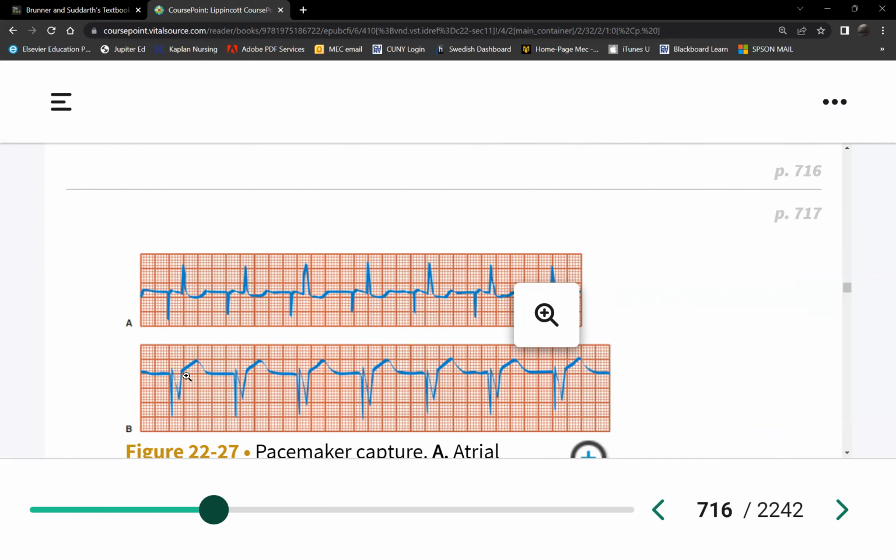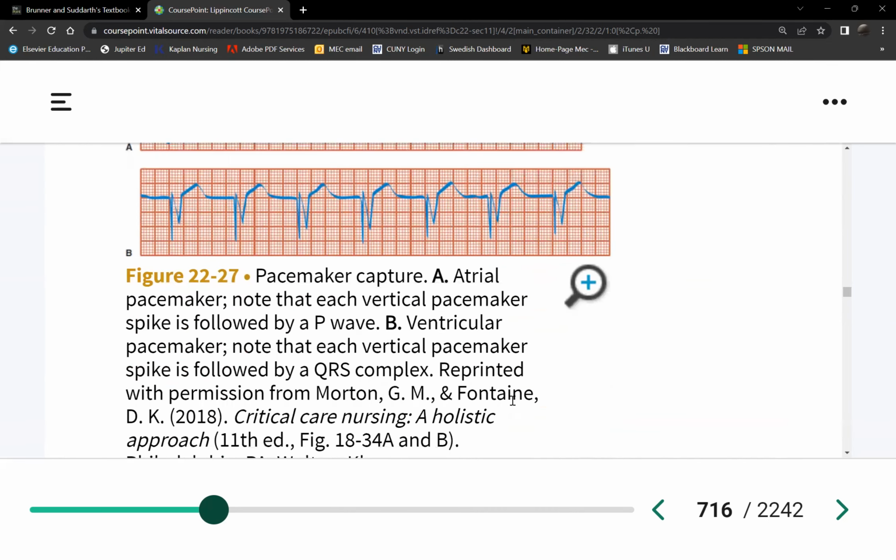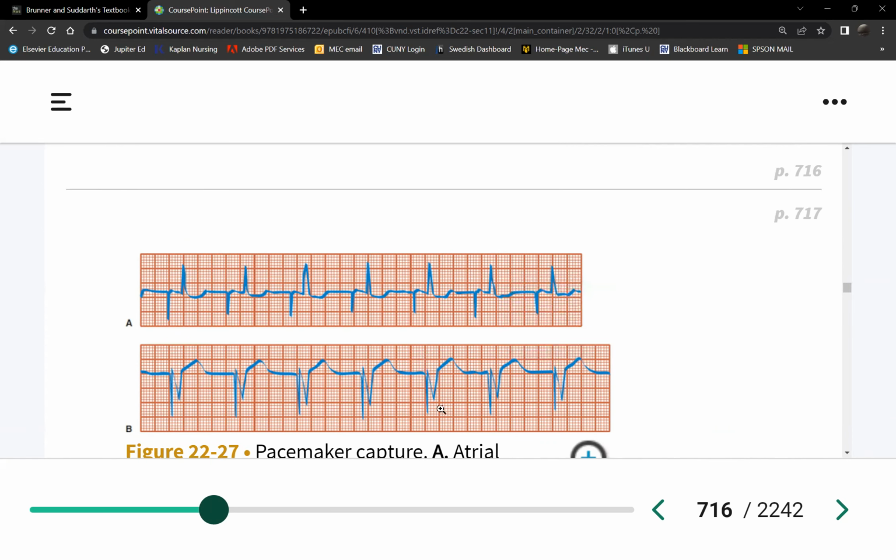You'll see a P wave, but then instead of a QRS, you'll see a pacemaker spike. Make sense? Okay. So it will tell you on the monitor when you see these spikes. So it's either the SA node being replaced or the QRS. Okay, so on the record, you will say, okay, so the patient is atrial paced or ventricular paced. Make sense? Okay.